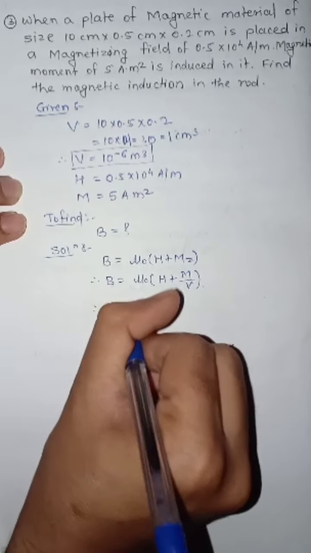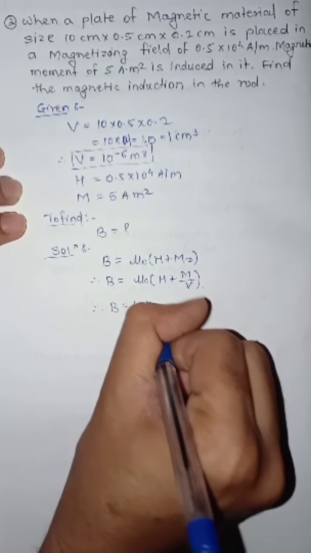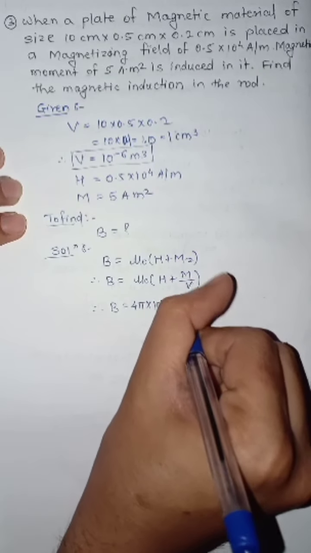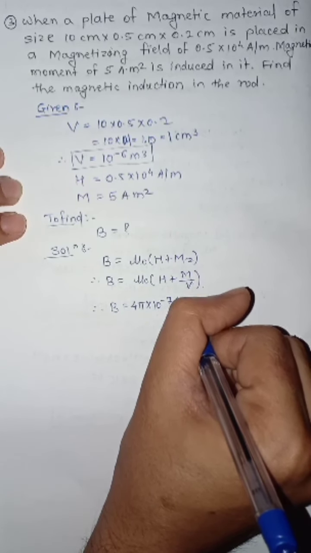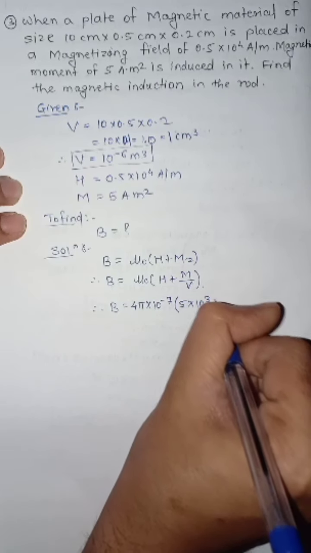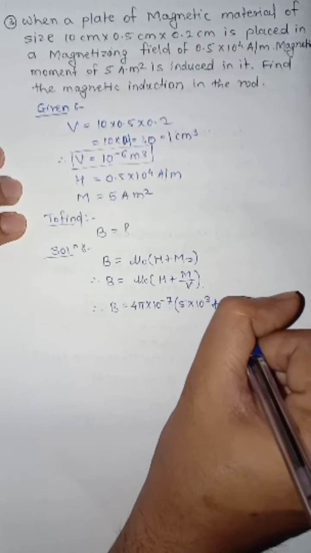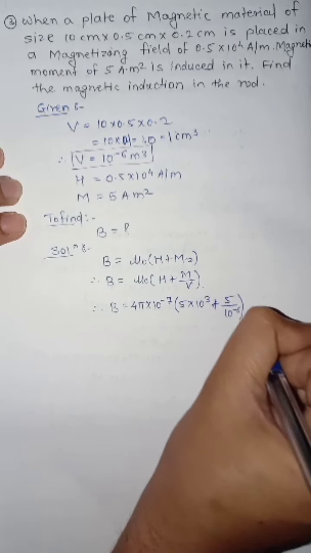Therefore B is equal to, what is mu 0? Mu 0 is 4 pi into 10 raised to minus 7, into what is H? H is 0.5 into 10 raised to 4. I will write down here 5 into 10 raised to 3 plus what is M? M is 5 and below that 10 raised to minus 6.